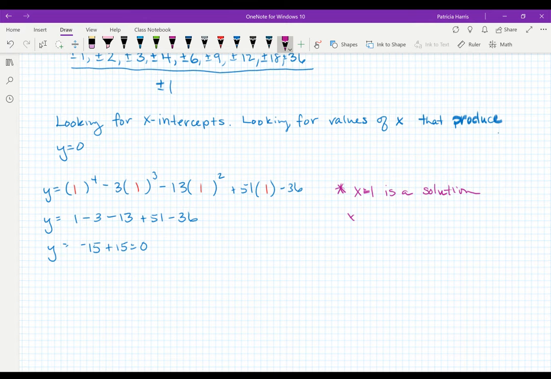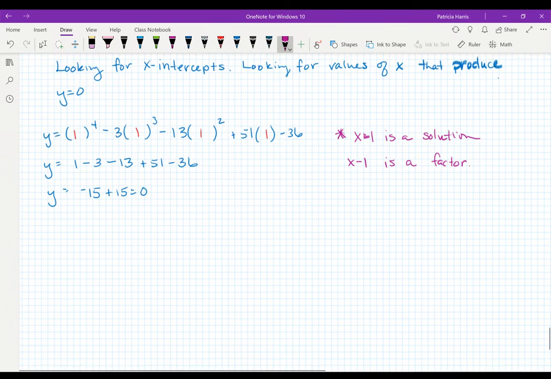It also means that x minus 1 is a factor. Remember that factors will divide things evenly. So we're going to use x minus 1 to divide our quartic. We're going to use long division again.